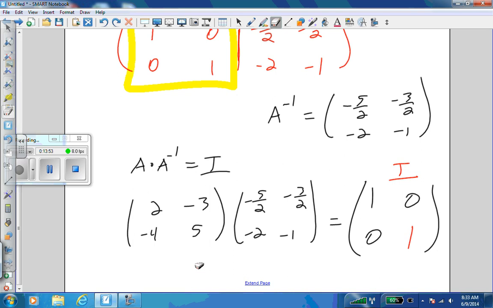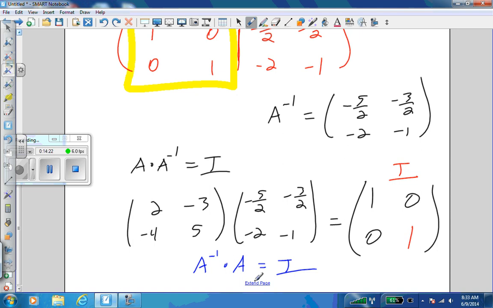For time's sake, I'm not going to do that in the opposite order to show that you can flip those and still get the identity matrix. But it should hold true if you do A inverse times A, that gives you the identity matrix. So that should work out.